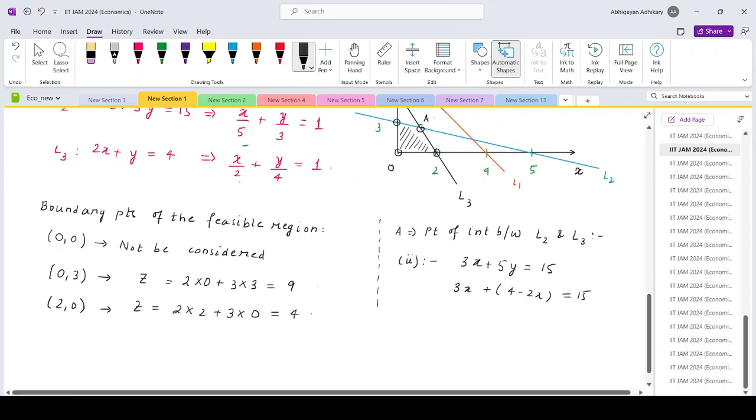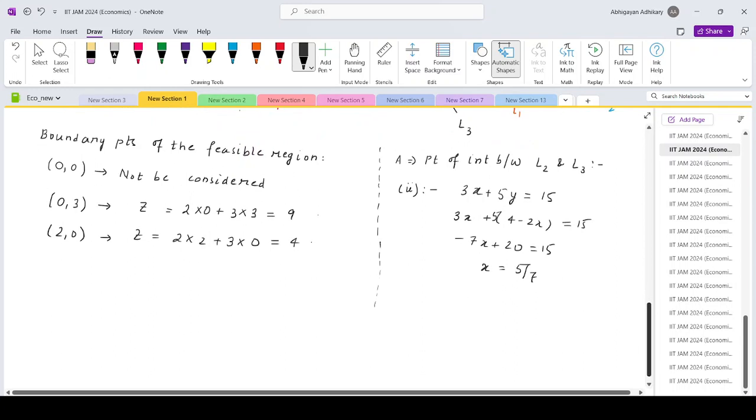So this gives us 3x plus 5 times (4 minus 2x) equals 15, so minus 7x plus 20 equals 15. So x is basically 5 by 7, correct?